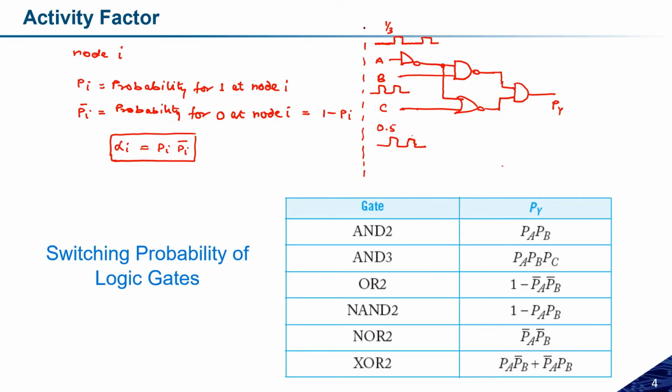So it's not true that every circuit we design will dissipate an equal amount of power. While designing any IC, you have to calculate the switching probability as well, because the output may be the same, but the switching probability might be different. So we need as small a switching probability as possible, which will give the proper impact. Okay, so this is the importance of activity factor and the switching probability.